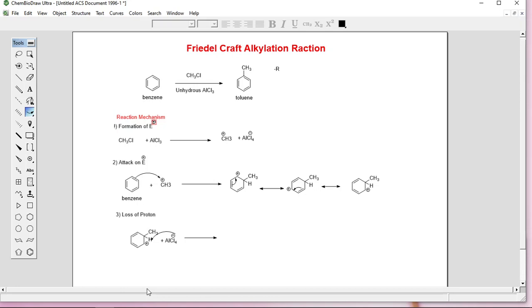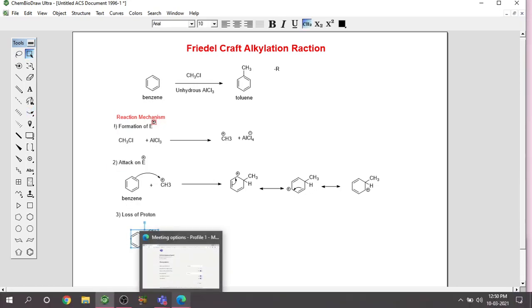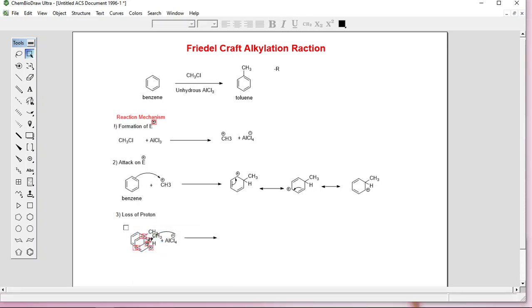Because this intermediate is non-aromatic, the driving force for the last step is towards aromatization. Once the base takes the proton, it converts to an aromatic compound, and you will get toluene or methyl benzene as a product.